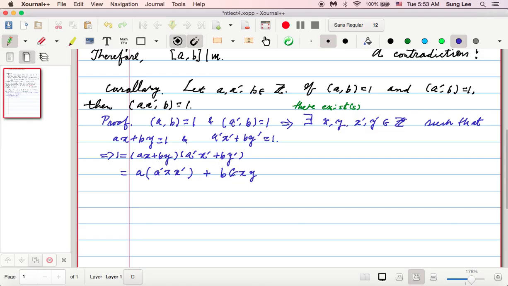Oh, I forgot something. So a x y prime, and then multiply these two. When you factor b out, you get plus a prime x prime y, plus these two. So b has been factored out, so I get b times y prime. You can write it this way.